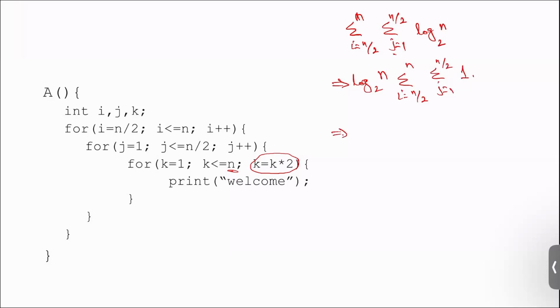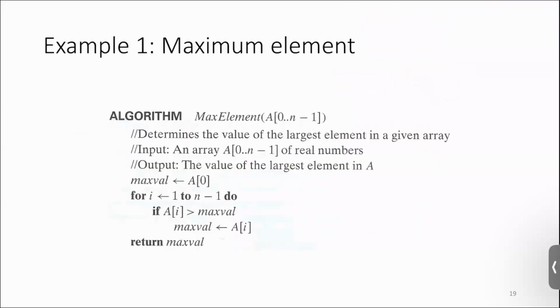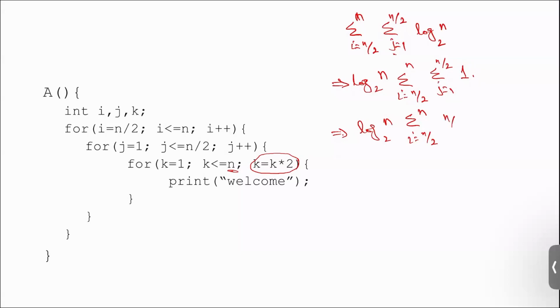So now I can solve the inner equation, which is log n base 2, I is going to start from n by 2 to n, and this j is going to be n by 2 minus 1 plus 1. This and this are cancelled out. So n by 2 remaining is constant with respect to I. So I am going to move it out. So n by 2 log n base 2. And the remaining is I is going to start from n by 2 to n, and the remaining is 1 only.